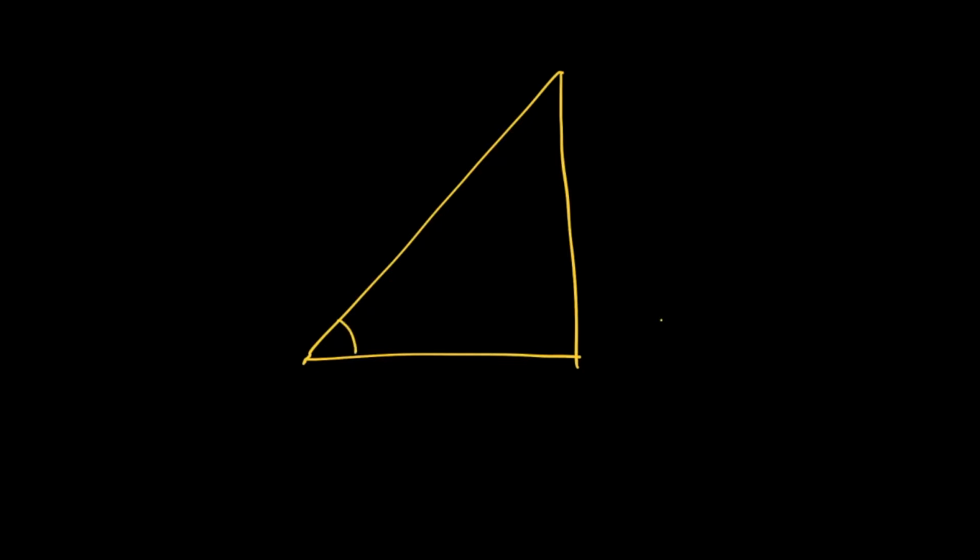Okay, there is an angle A here. So this is A, this is B, and this is C. I'm going to call this side a, which is the side opposite to angle A, and this is side c. Small c is the side opposite to angle C, and this is small b, which is the hypotenuse.